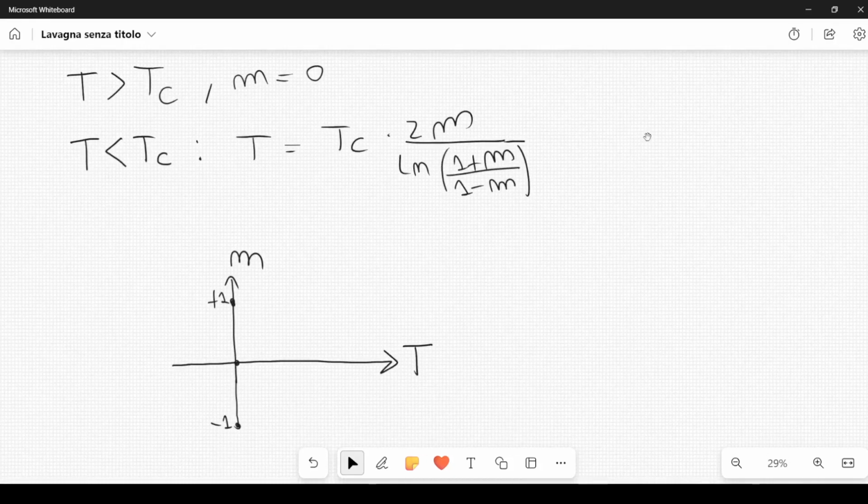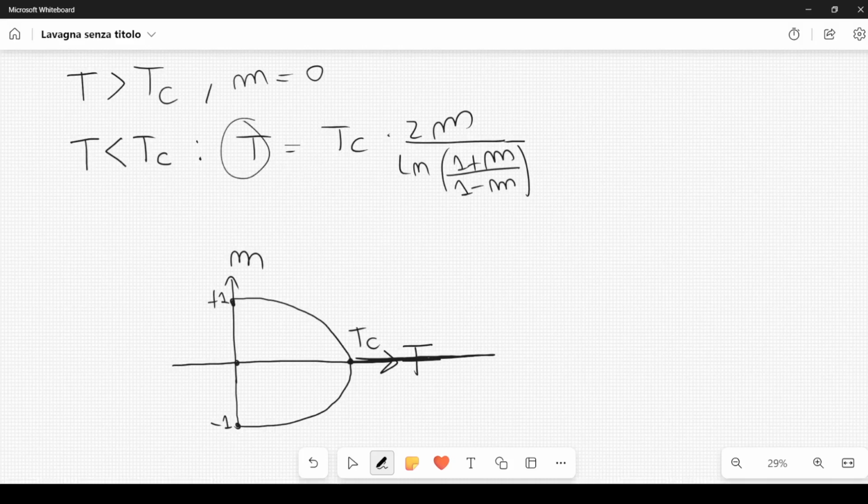But anyway, you can sketch this expression, and what you get is something like this. At some point, in particular Tc, you get that the magnetization would be 0. And for T greater than Tc, we expect the magnetization to be equal to 0, because this function will not allow us to get a value for T which is greater than Tc.